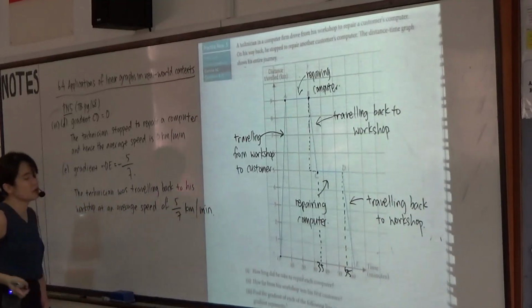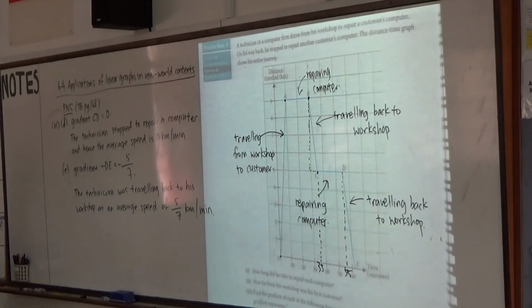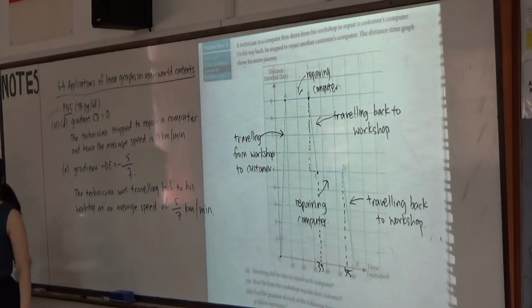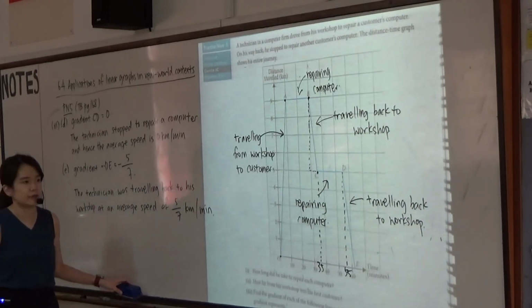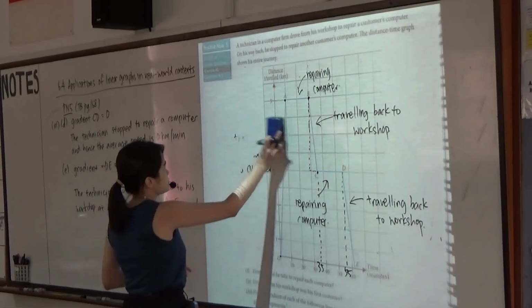In this case, it's not recommended that you leave your answer in decimal, because you will realize that 5 over 7 gives us a recurring decimal. And recurring decimals, we try to avoid writing as much as we can because sometimes your dot is not very clear. So I would rather we write a fraction, which is very much clearer.